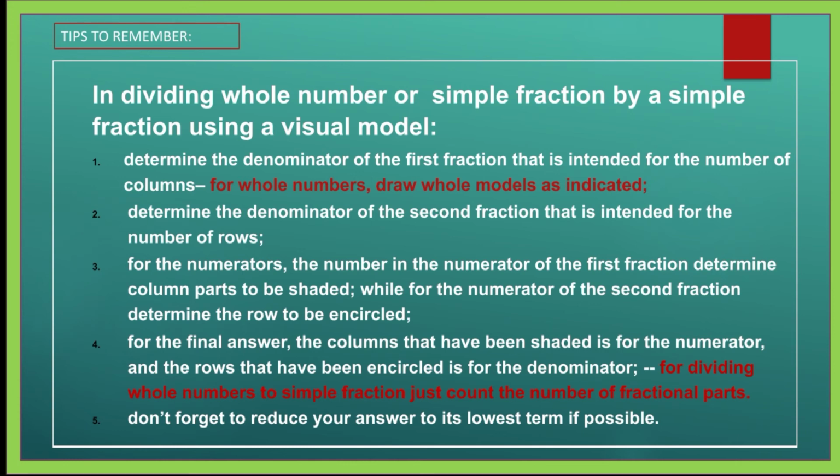Number 2, determine the denominator of the second fraction, which is the number of rows. For the numerators, the numerator of the first fraction determines the column parts to be shaded, while the numerator of the second fraction determines the rows to be encircled.